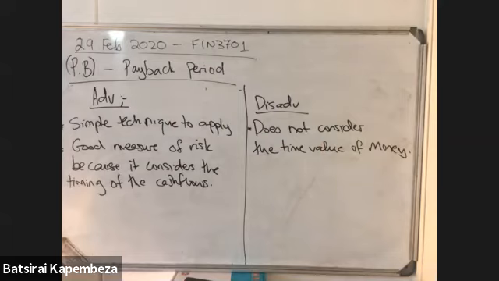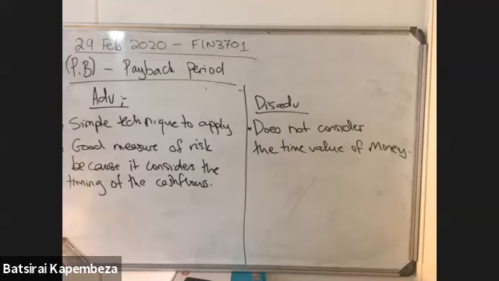We would want whatever capital budgeting technique we are using to consider the time value of money, because money is not worth the same today and in the future. Okay. So this is the first capital budgeting technique whose theory you need to know.